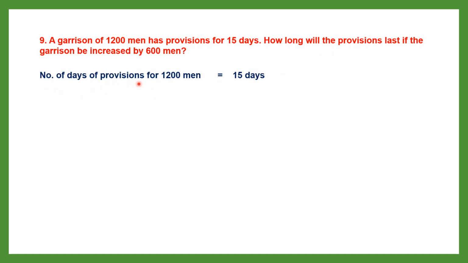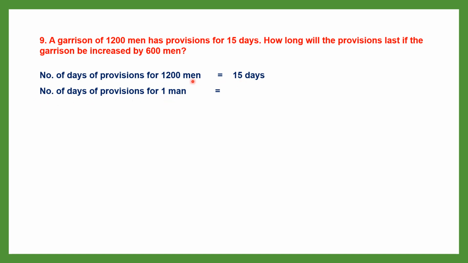Number of days of provisions for 1200 men is given to us. So if there are 1200 men, the provisions will last for 15 days. Now we have to add 600 more to this and then find. So before that, first we have to find number of days of the same provisions if there is only one man. So suppose you have only one man, number of days of provisions for that man.